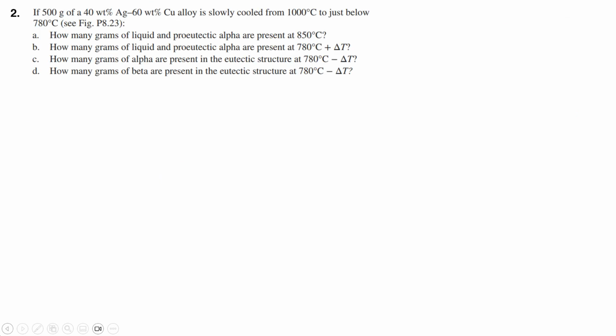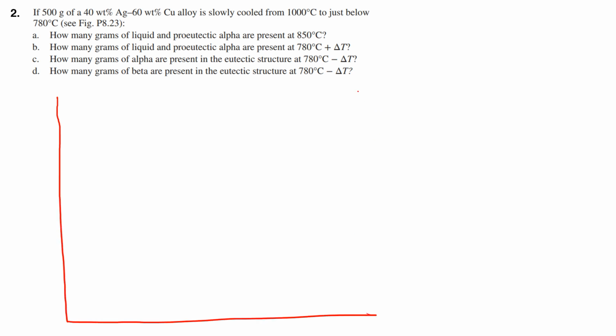Okay, maybe we'll just encounter it in the next question itself. Okay, so we have been given that a 500 gram of 40 weight percent silver and 60 weight percent copper alloys cooled from 1000 degrees centigrade. Okay, so copper and silver, they make a binary eutectic phase diagram.